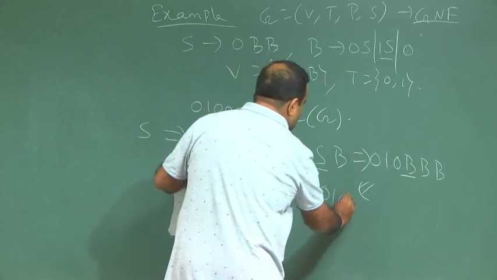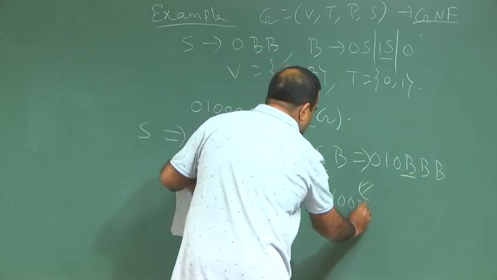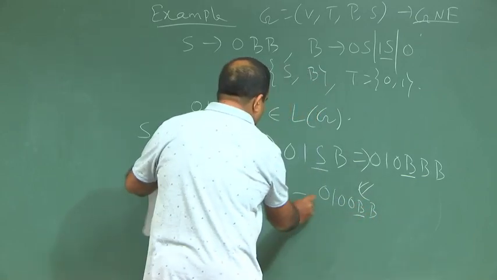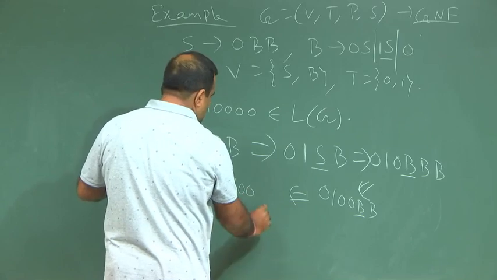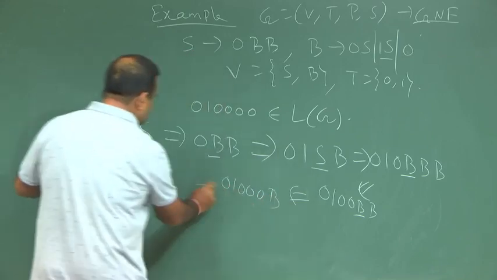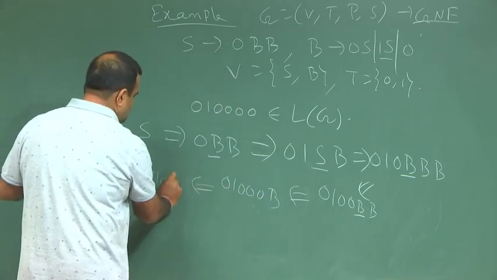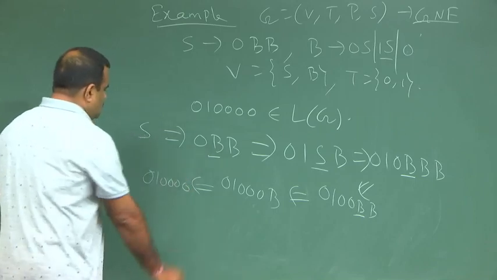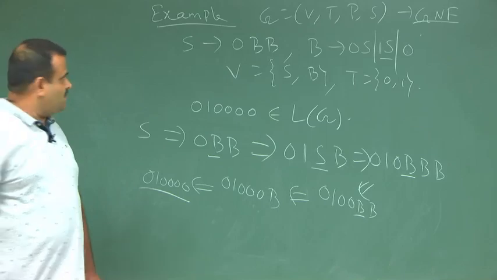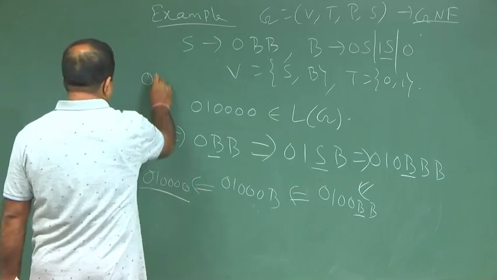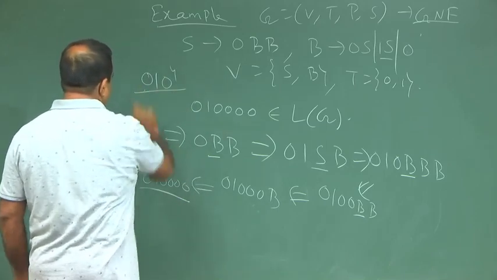So, 0 1 0 0 B B, then we can take this B to be 0, then 0 1 0 0 0 B. So, this is the leftmost derivation, then 0 1 0 0 0 0. So, this is a string in the language generated by this. In short we can say 0 1 0 to the power 4.